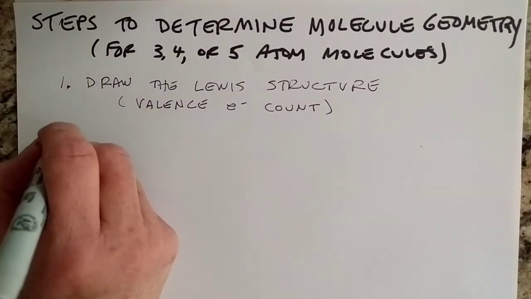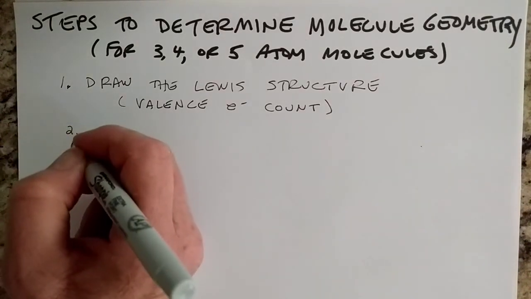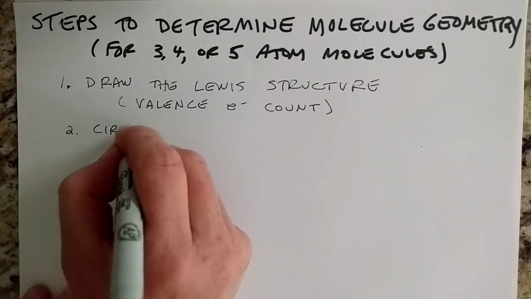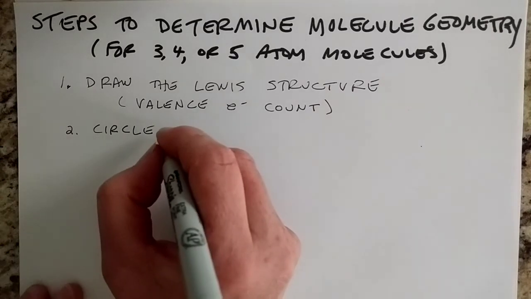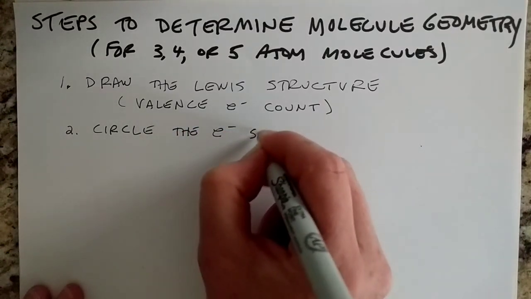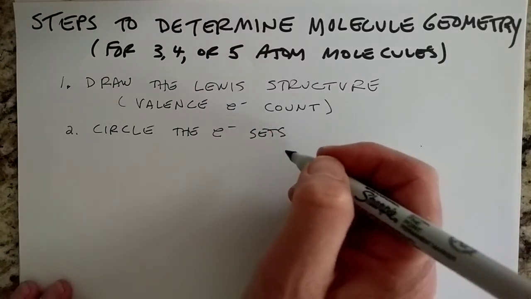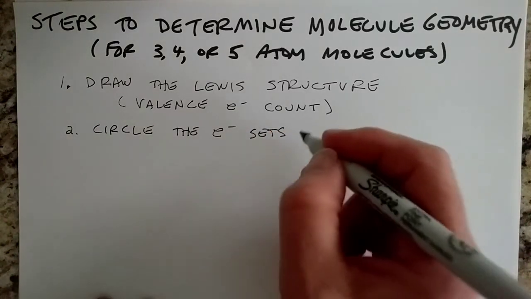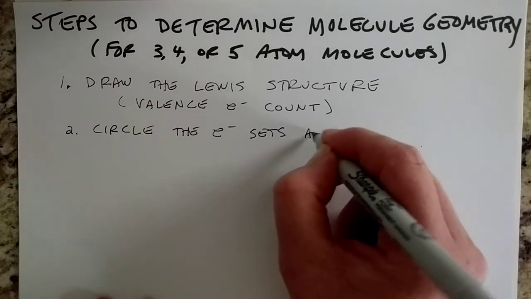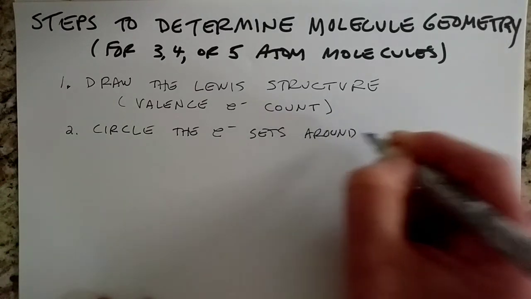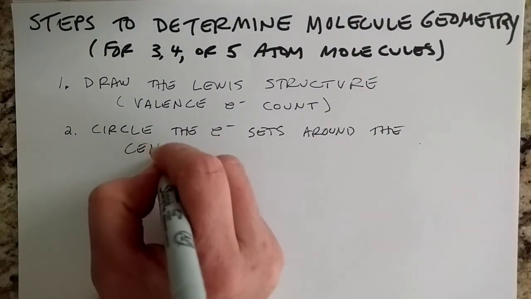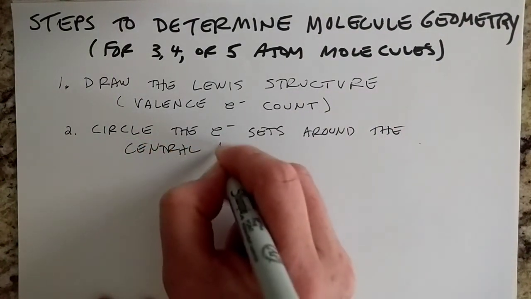All right, step 2, we're going to circle the electron sets around the central atom. Remember, a set is a single bond, a double bond, a triple bond, or a lone pair of electrons. Circle the electron sets around the central atom only.